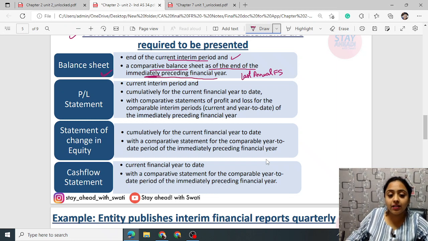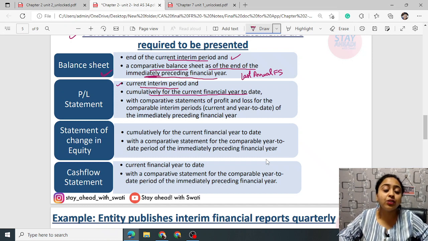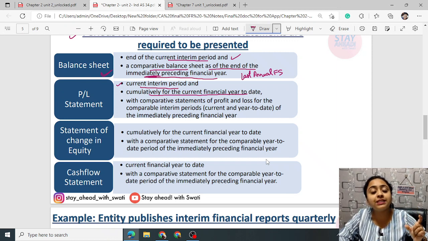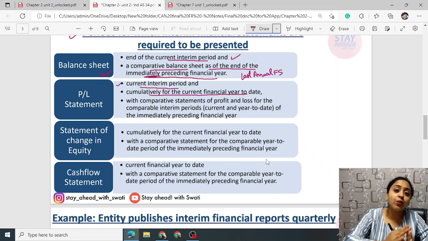Second, the P&L. Here it is important because it applies to the current interim period, no doubt, and cumulatively for the current financial year to date. Cumulatively means, for example, if you are presenting for the third quarter, then from 1st April to the end of the 3rd quarter you have to present a P&L as well, for that particular quarter 3, plus quarter 1, quarter 2, quarter 3.